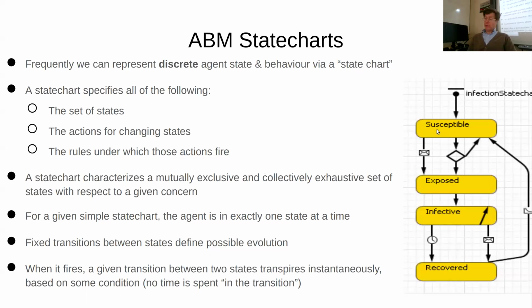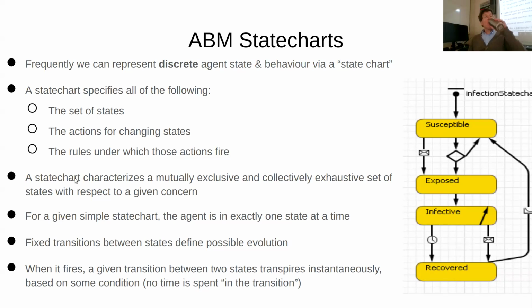Thirdly, again, a state chart characterizes states with respect to a concern, the actions that can change those states, and the rules governing those actions. And what you see here are indications with these icons of the types of rules that apply.